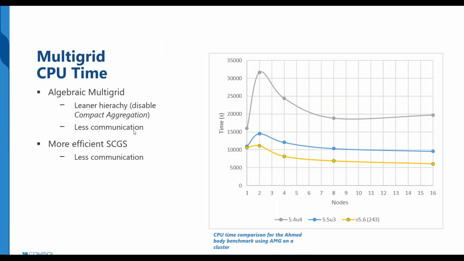Notice here that on the x-axis we have the number of cluster nodes used. So we have tried on 1, 2, 4, 8, and 16 nodes. And we are comparing versions 5.4, 5.5, and 5.6. And you can see here that we continue to improve the performance also for this release by improving basically the preconditioning technique.